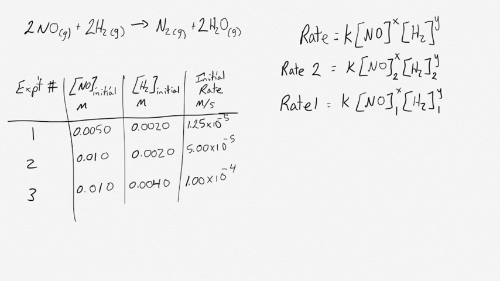It's important to note that for experiments 2 and 1, the H2 concentration remains the same, 0.002 molar, which means that it doesn't matter what value y has, 0.002 raised to the same exponent is the same value. So these terms have the exact same effect on the rate. What we can do is set up ratios for experiment 2 to experiment 1, and we can actually cancel out the effect of the H2.